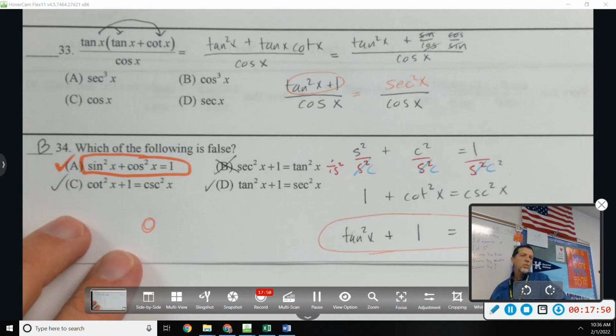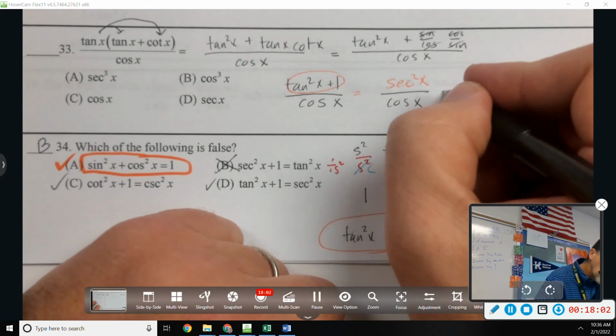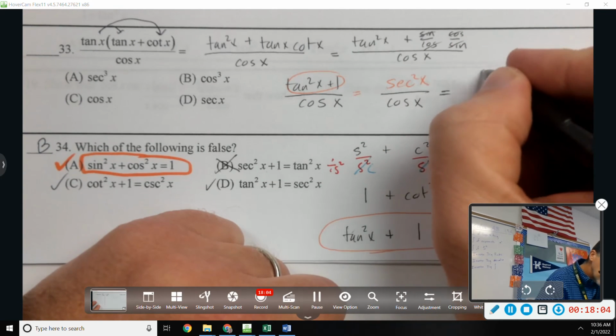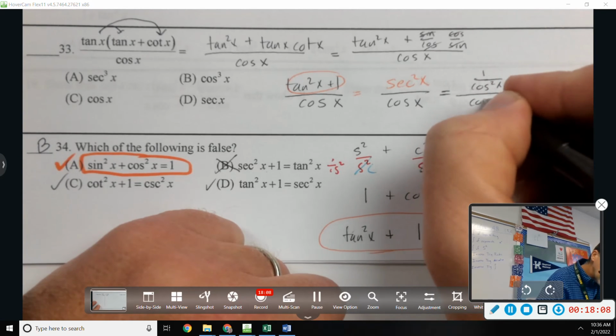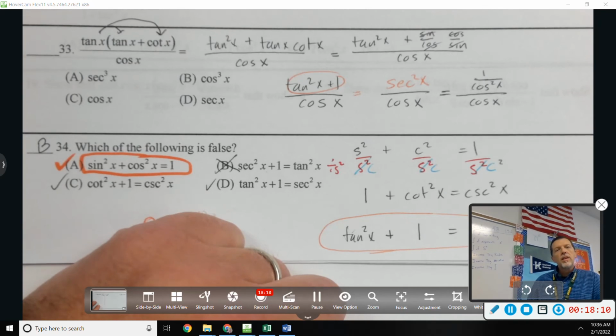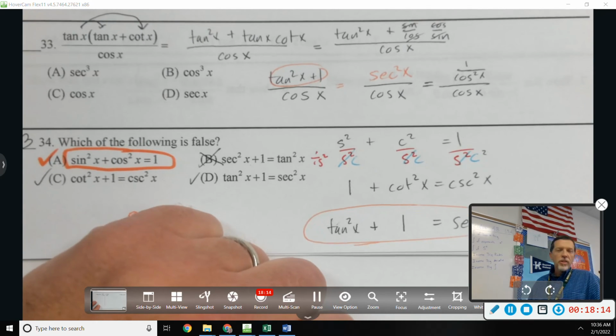So what should we do next? What are you making? 1 over cosine? So you want to replace secant squared with 1 over cosine squared? I think that's a good move. When you have to multiply, it'd be nice if your algebra skills are strong enough to do that.